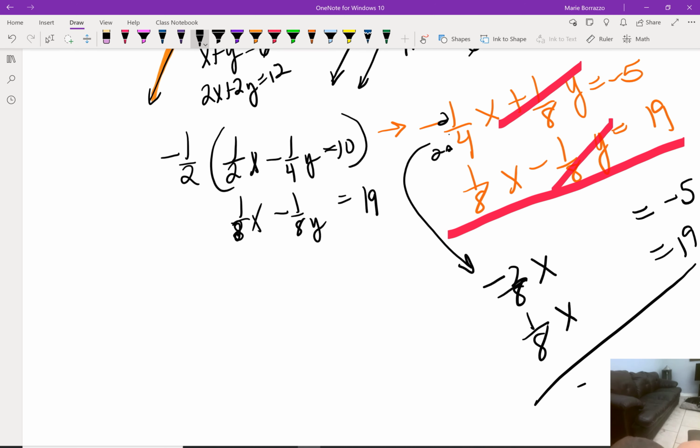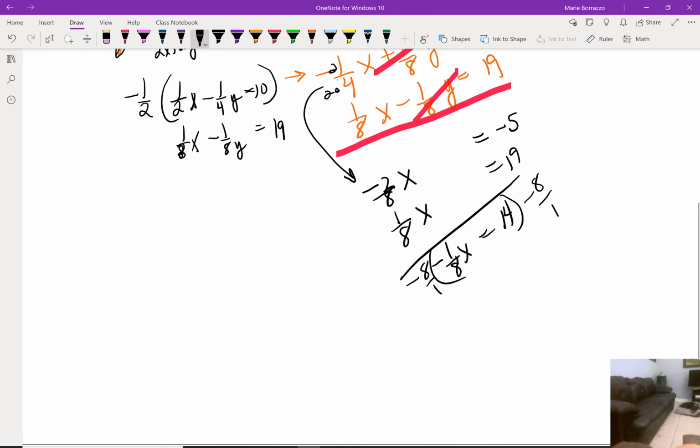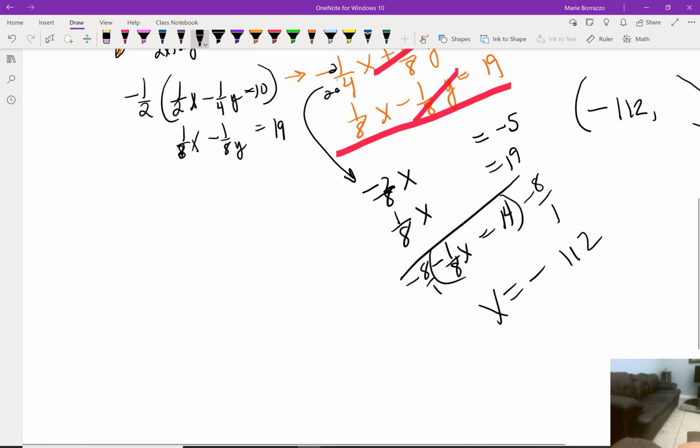Notice that this gives you -1/8 x is equal to 14. And if I multiply the entire equation by -8/1, I end up with x is equal to -112. Now, for the sake of the exam, there's only one x, which is -112. That is your solution. So that's your answer choice A, done.